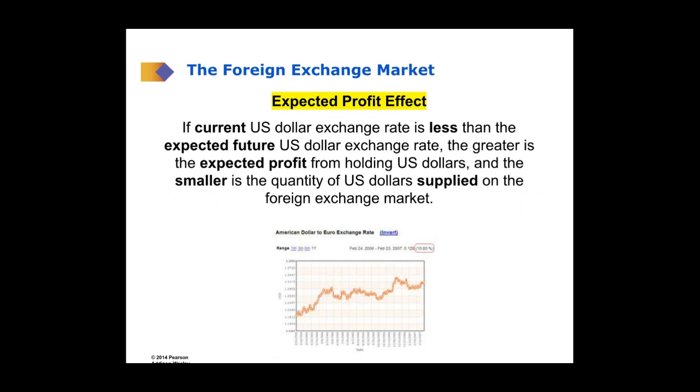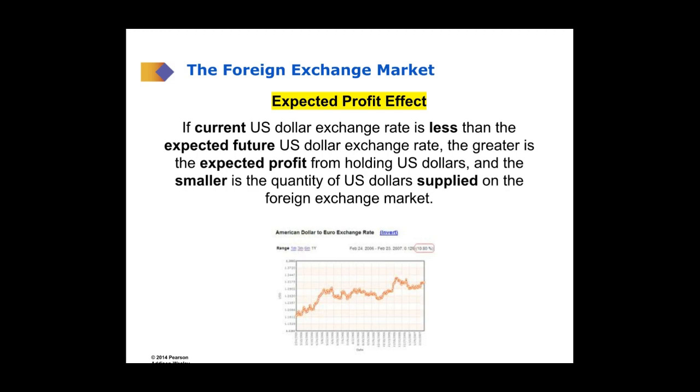Now, it's always the case that demand and supply will both be affected by expected future profits, but certainly supply in this case will be affected. If people feel an exchange rate is going to depreciate, that the price is going to go down, they'll supply more of the currency today, in the hopes of selling it at the higher price today, and then when it goes down, they'll be able to either buy it back or make a profit.